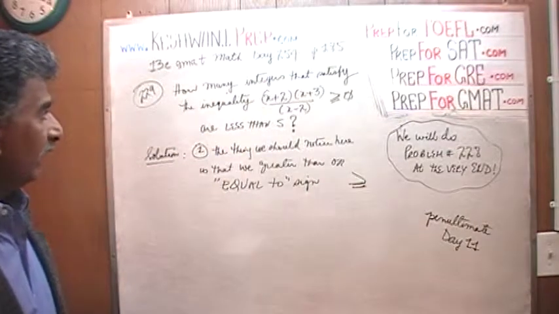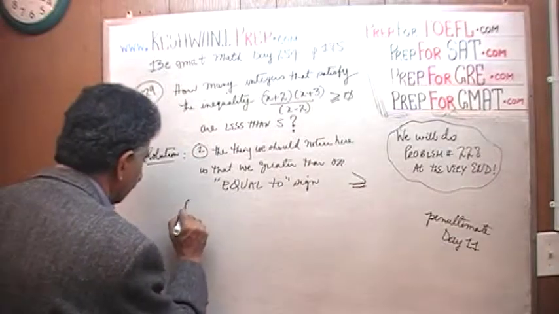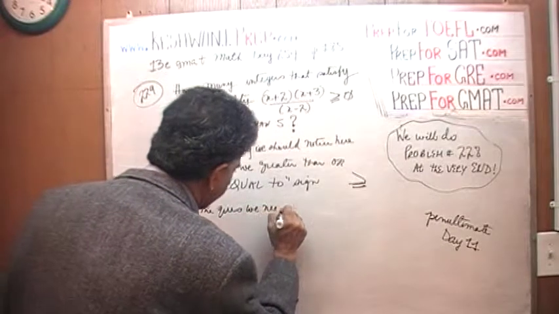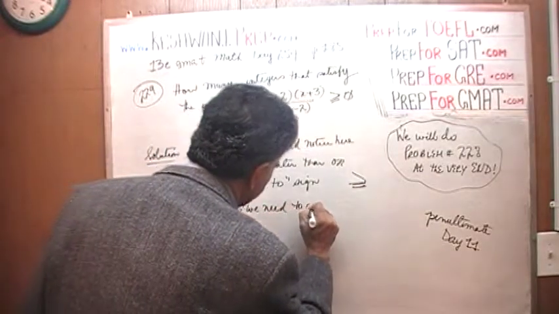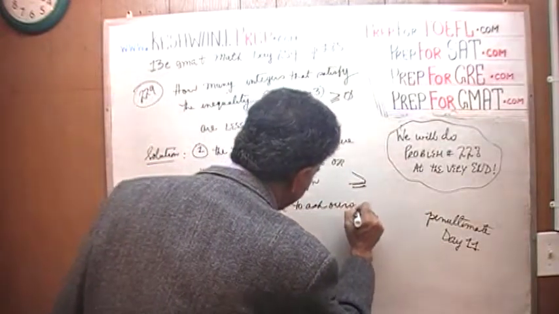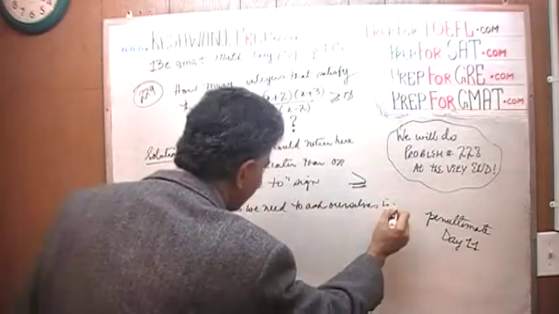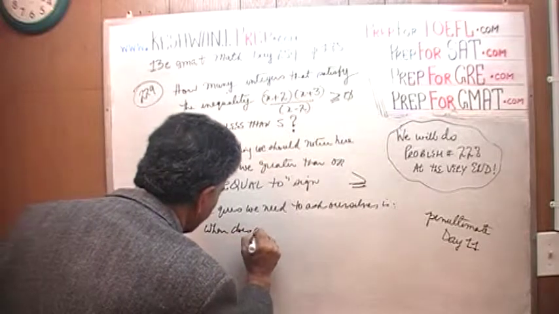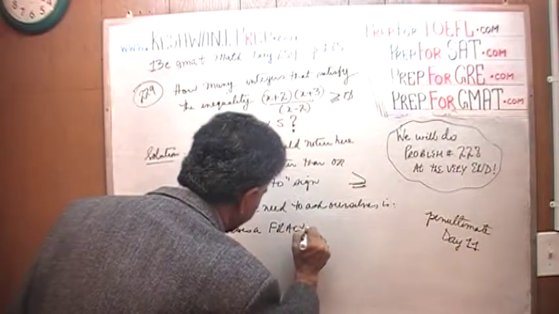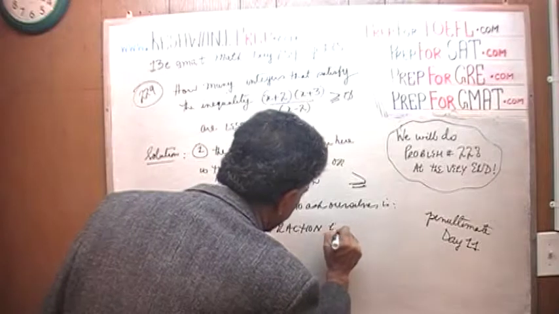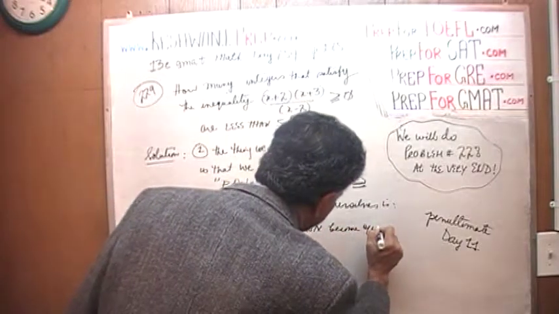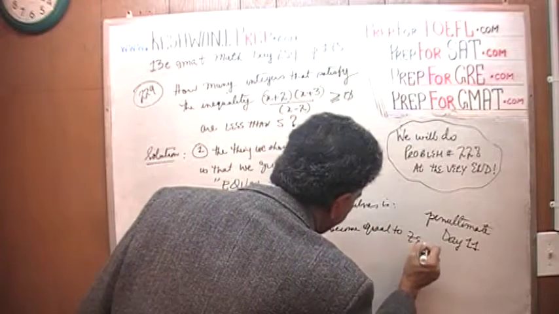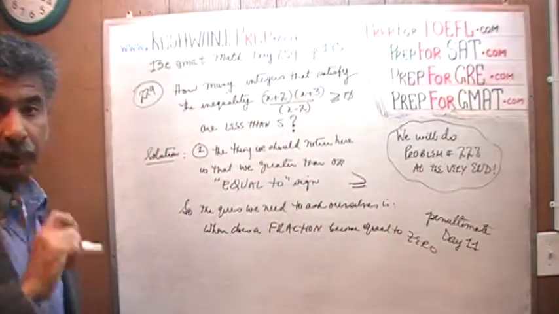So the question we need to ask ourselves is, when does a fraction become equal to 0?